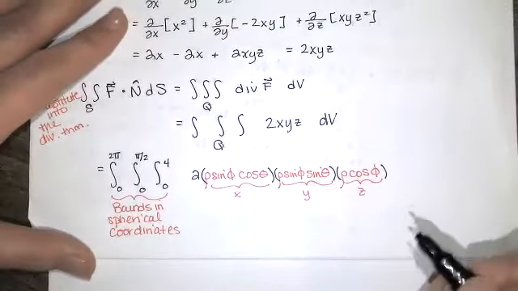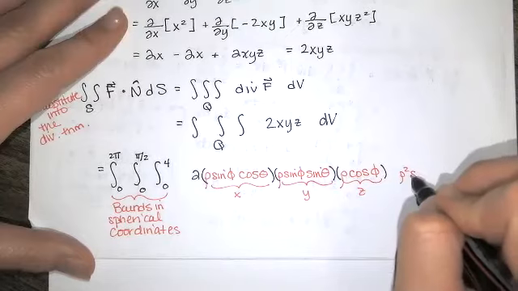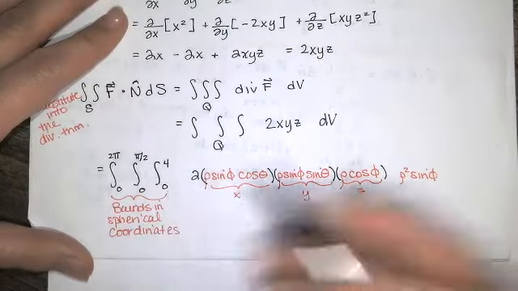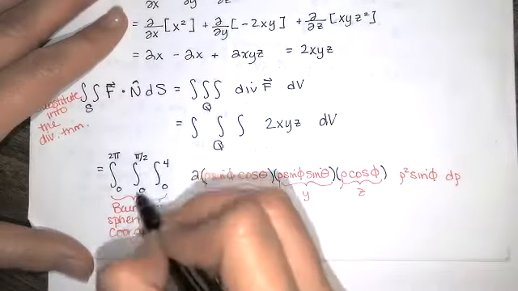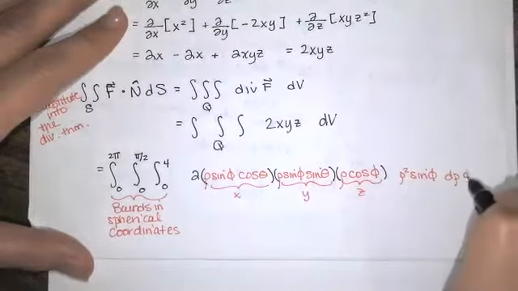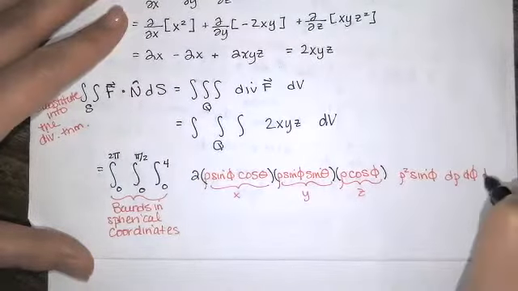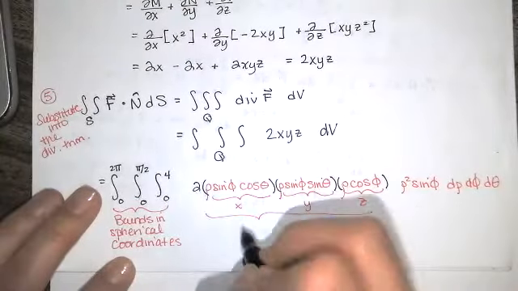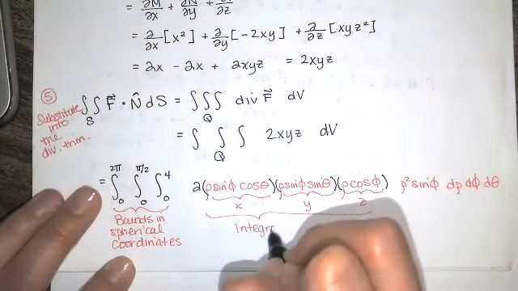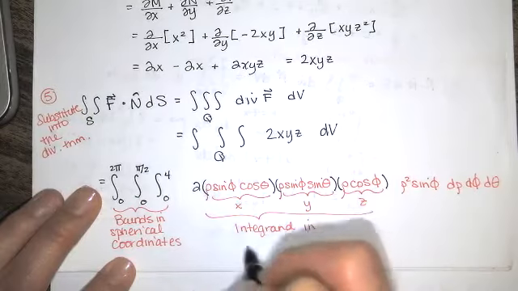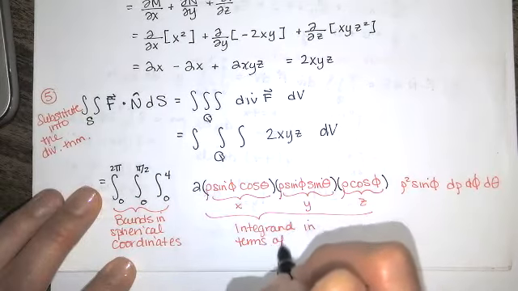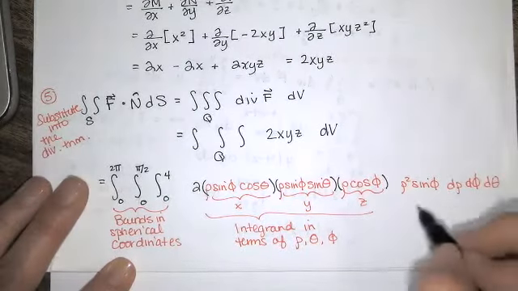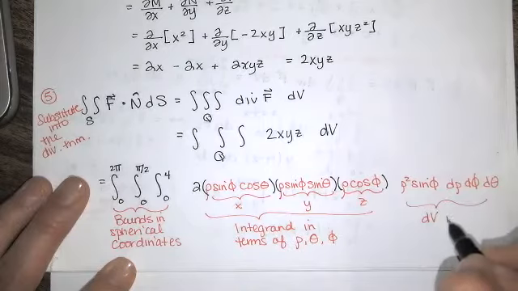And then dv in spherical coordinates is rho squared sine of phi d rho, these are bounds for rho, and then these were bounds for phi, so we'll say d phi, and then the last one is d theta. So we've got our integrand in spherical coordinates, and then we've got dv in spherical coordinates.